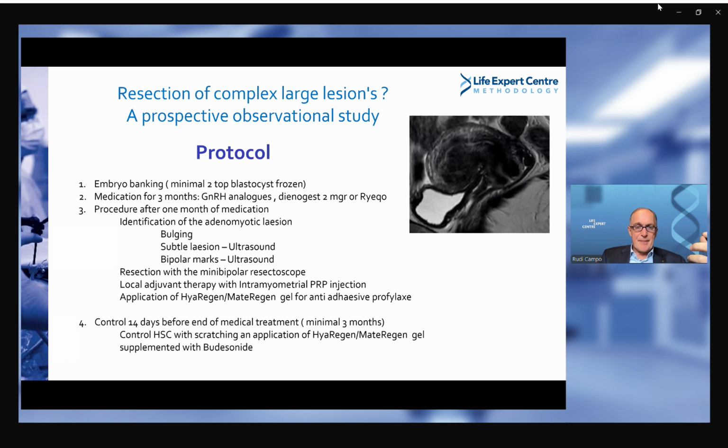The procedure after 1 month of medication is identification of the lesion, resection, local adjuvant therapy with platelet-rich plasma injection, application of Hyalobarrier gel, hyaluronic acid gel for anti-adhesive prophylaxis, and then 14 days before the stop of the medical treatment, so after approximately at the earliest 2.5 months, the control hysteroscopy with scratching, which is sidewall incision with the scissors, and application of Hyalobarrier gel supplemented with budesonide, which is cortisol.